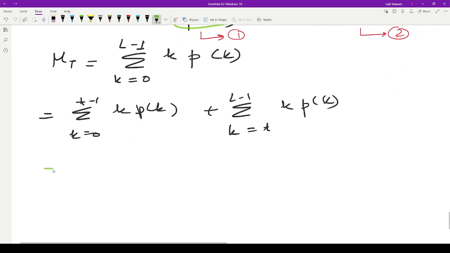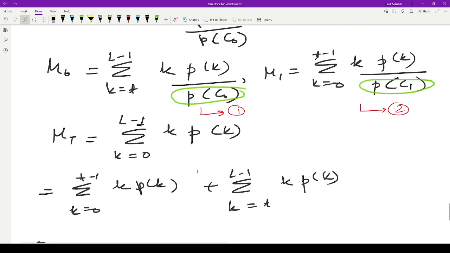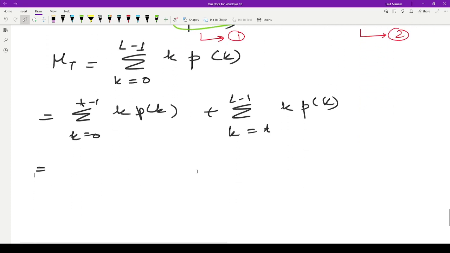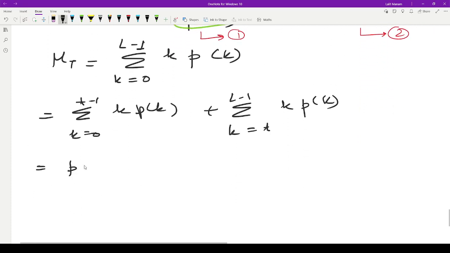So we can write the summation of k equals 0 to t minus 1 as probability of C1 into mu1, plus probability of C0 into mu0.